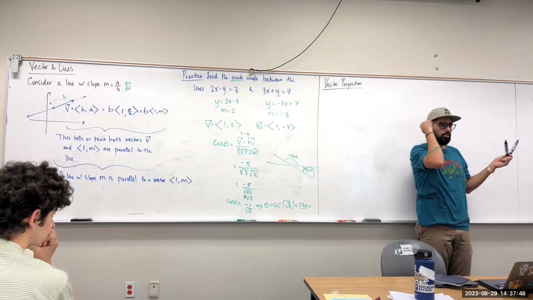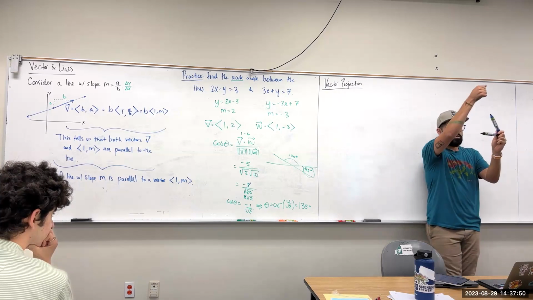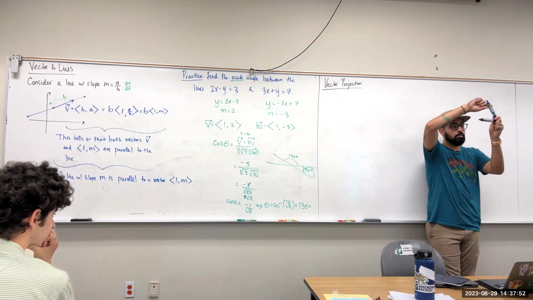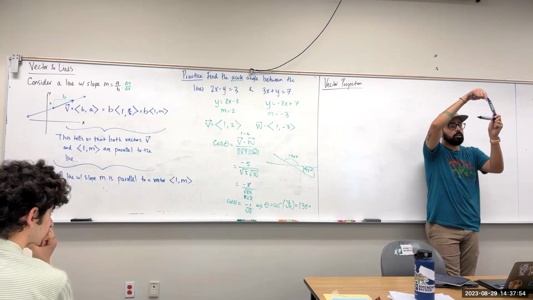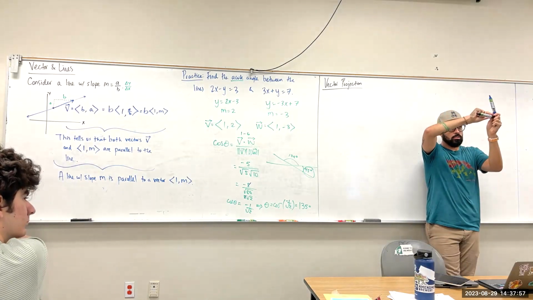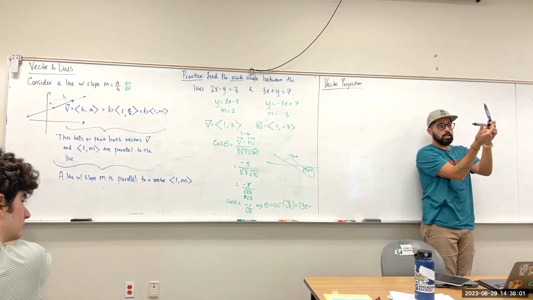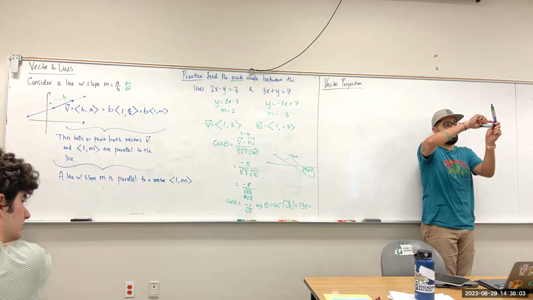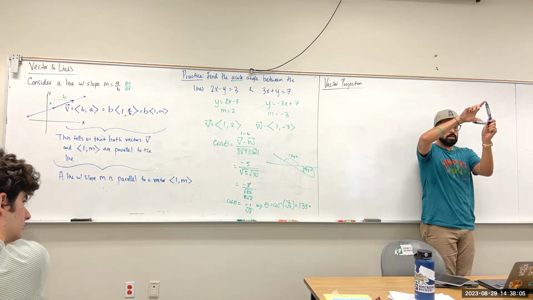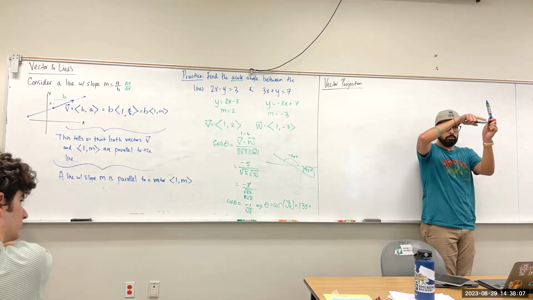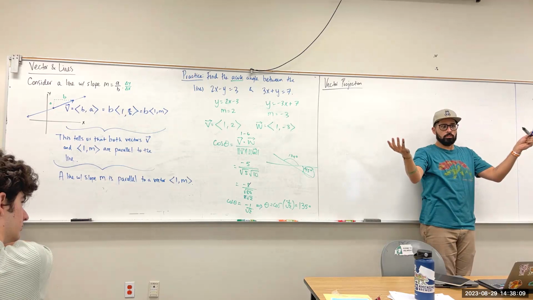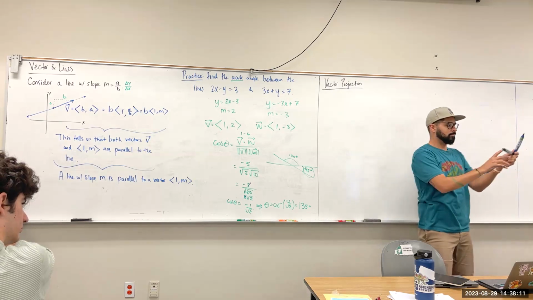I call it the flashlight shadow thing. So projecting this vector onto the black vector is called a projection. We're going to get its shadow, which is going to be this long, and then we're going to subtract it from the blue one to give me the desired perpendicular vector. That's what we're going to do.